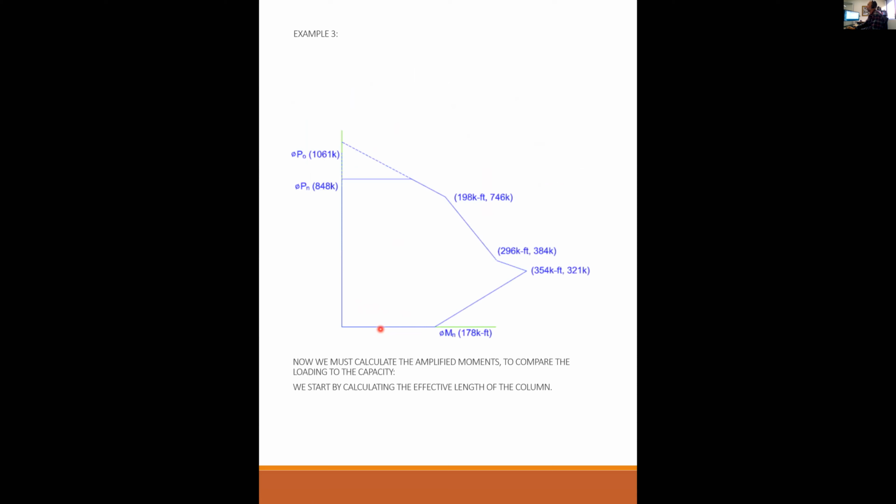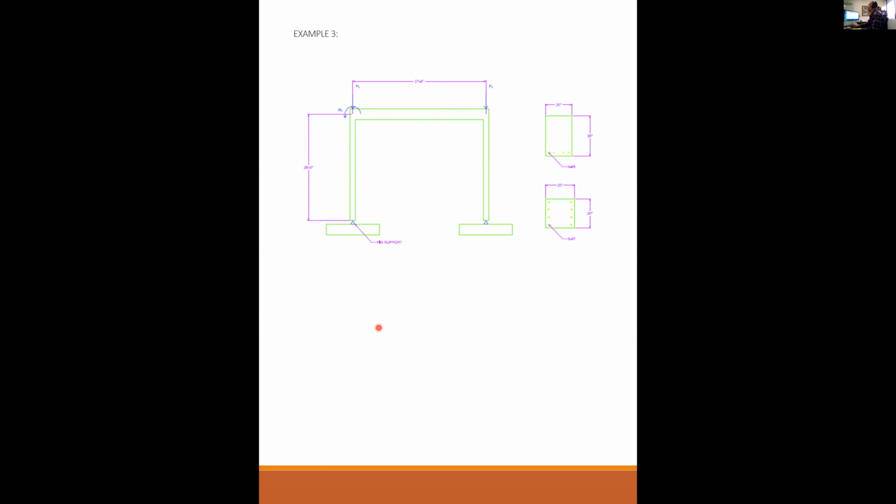So half of the width of the column is 10 inches, and the steel is located at 2.5 inches off the face. So the distance from the center of the steel to the center of the column is 10 minus 2.5. If I go back here a little bit, you can see that these four all have the same distance to the centroid, 10 minus 2.5, and these four all have the same distance to the centroid, 10 minus 2.5.